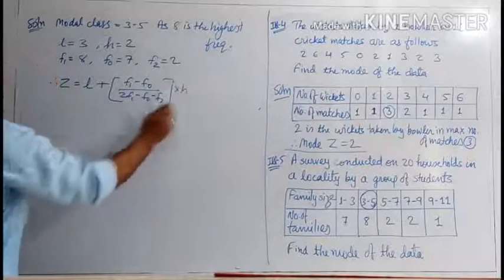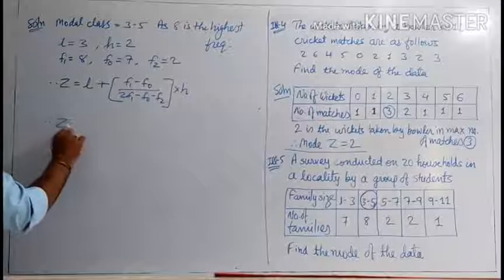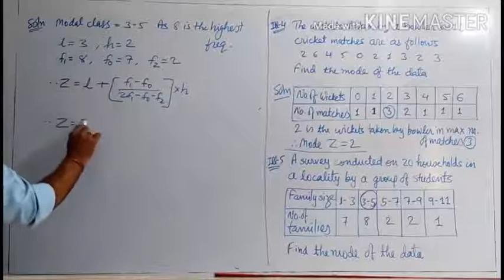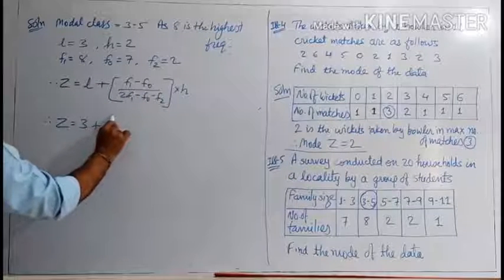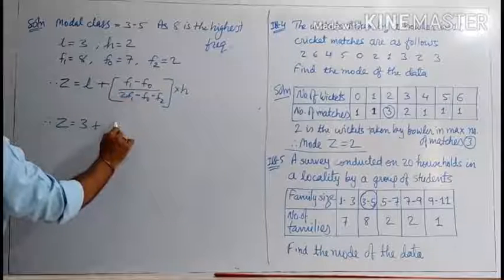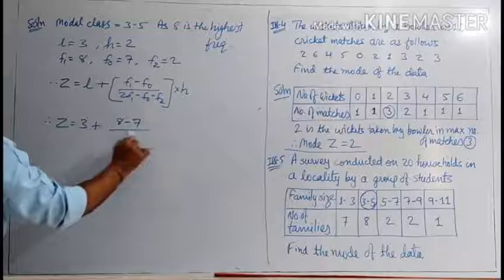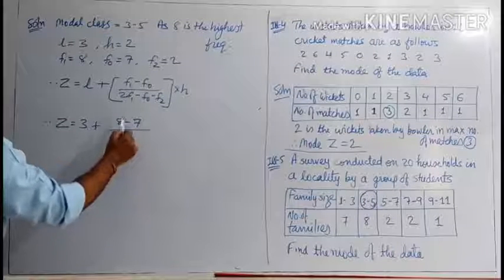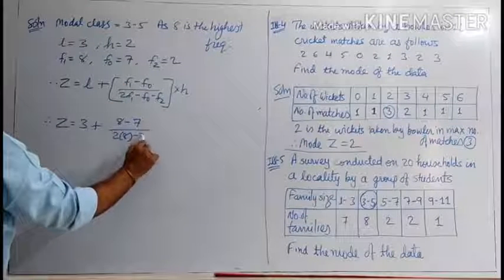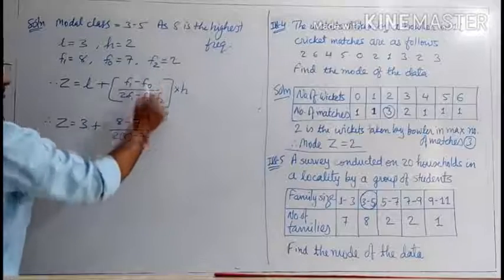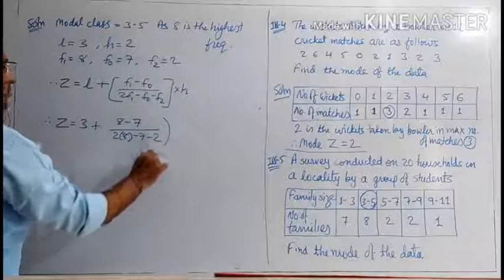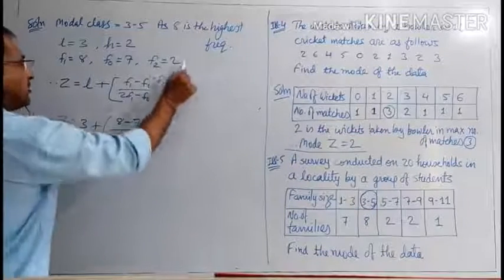So let us substitute the values. Mode is equal to 3 plus, in bracket, f1 that is 8 minus f0 that is 7, divided by 2 times f1, minus f0 that is 7, minus f2 that is 2, multiplied by h, and that is 2.